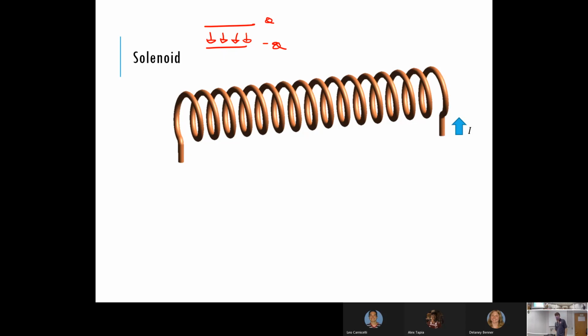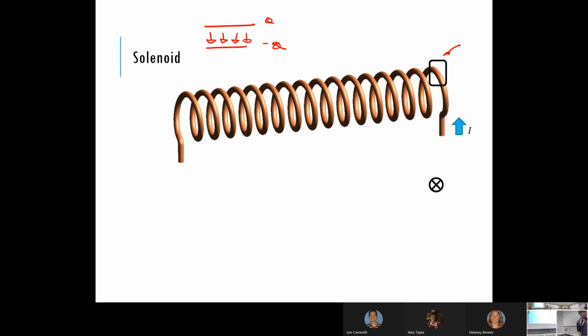And what we're going to do, I've got current going in. Let's go ahead and I'm thinking about this top piece right here. If I do a side view, that's current going into the board. So if I think about taking the solenoid and slicing it, I've got current going into the board.